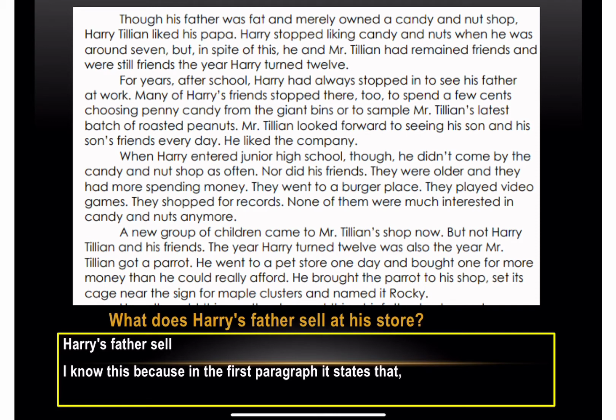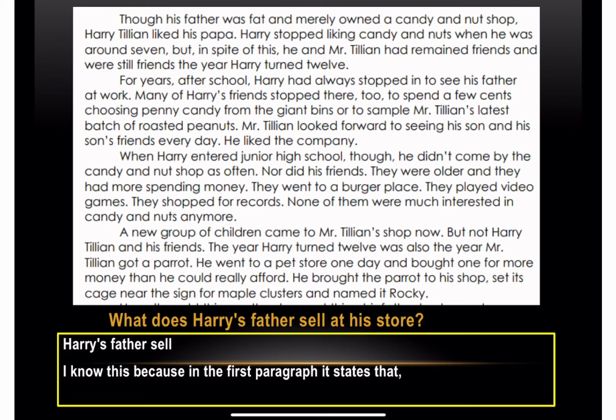For years after school, Harry had always stopped to see his father at work. Many of Harry's friends stopped there too, to spend a few cents choosing penny candy from the giant bins or the sample, Mr. Tillian's latest batch of the roasted peanuts. Mr. Tillian looked forward to seeing his son and his son's friends every day.